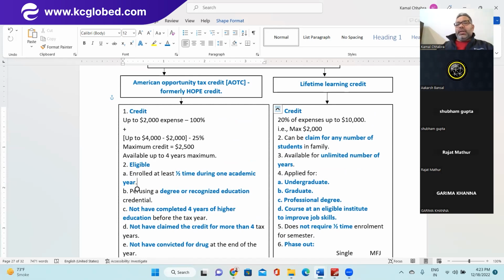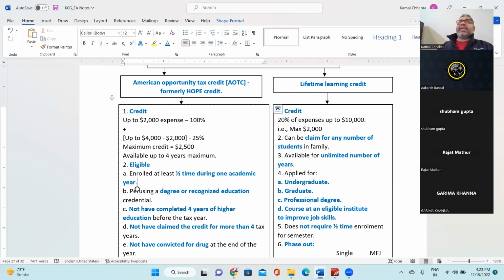The second one in the education system is the lifetime learning credit. This is available throughout your life, right? The first point, if you see, the credit is 20% of the expense up to $10,000. That means if you have incurred up to $10,000 of expenditure, 20% of that is allowed as credit. It can be claimed for any number of students in the family.